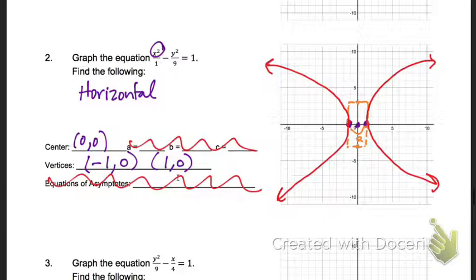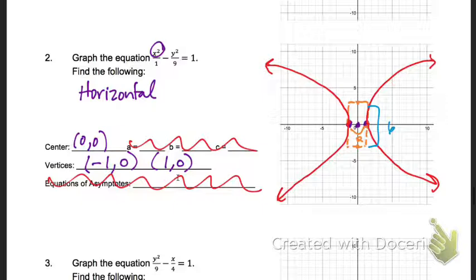Transverse is vertices. And then conjugate is the one where you don't draw. So the length of the conjugate would be 6. The only reason that I talk about it is because it might show up in a word problem. But I wouldn't make you label it on a graph.